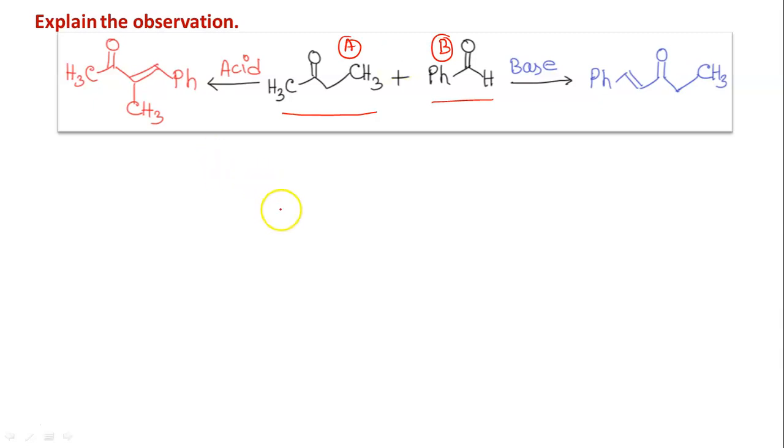Fine. So under acidic condition, first there will be protonation of this oxygen. Now the enol can be formed either by removal of this hydrogen or this hydrogen, because there are two different types of alpha hydrogen. If the left-hand side hydrogen is removed, the enol will, in the presence of H2O, capture this hydrogen.